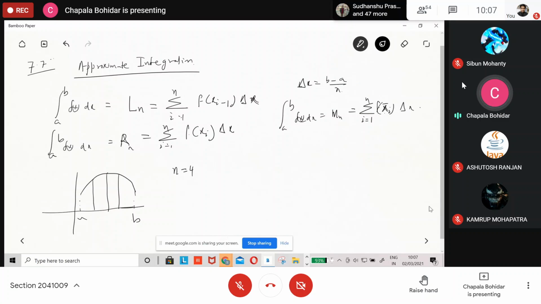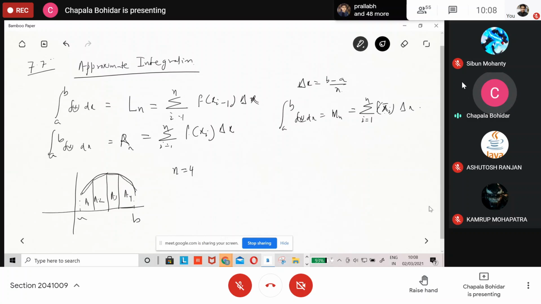Now by joining the ends, forming a trapezium here, we find the sum of all these 4 trapezia, A1, A2, A3, A4.